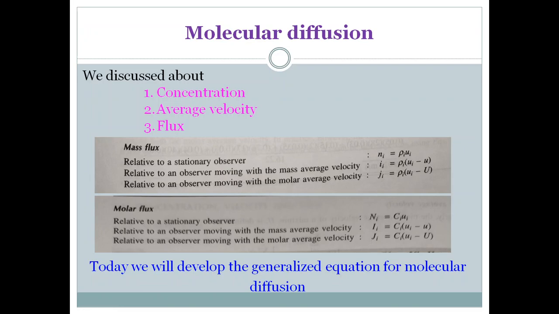Although there are a total of 6 types of fluxes, in our mass transfer calculation we generally use the molar flux, moles per meter square second or kilomole per meter square second. Generally we don't use mass flux, but sometimes it can be used.